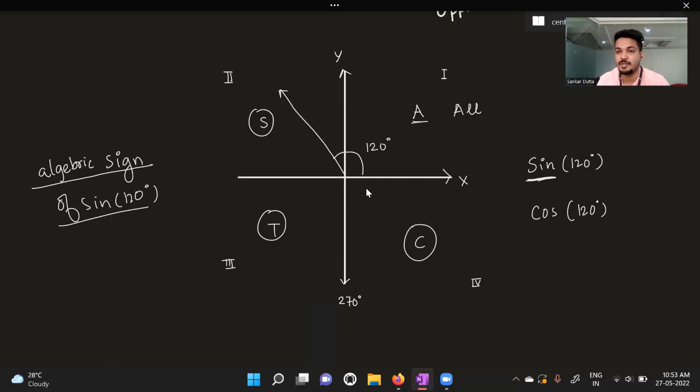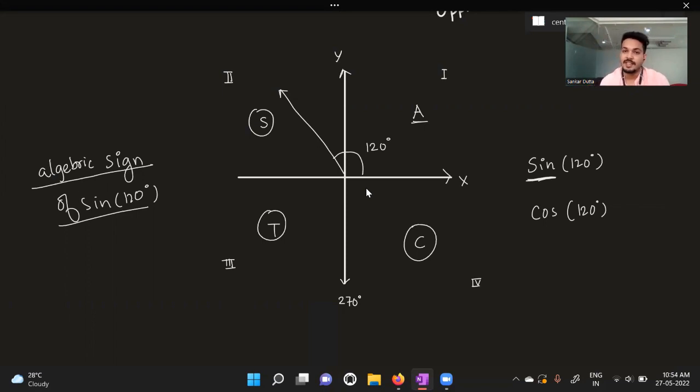No matter what trigonometric ratio you're taking, it's going to be a positive value. If you look at the table that I just gave you a few minutes ago, you'll see all the values are positive because all the angles were between 0 degree and 90 degree. So all the angles in the first quadrant will always be positive for any trigonometric ratio, be it sine, cos, tan, etc.